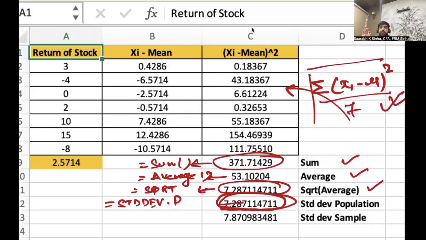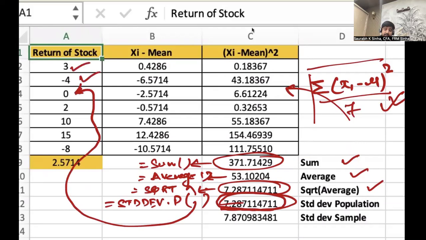Excel applies this formula on the series of numbers 3, minus 4, 0, 2, 10, 15, minus 8, not on these intermediate steps.